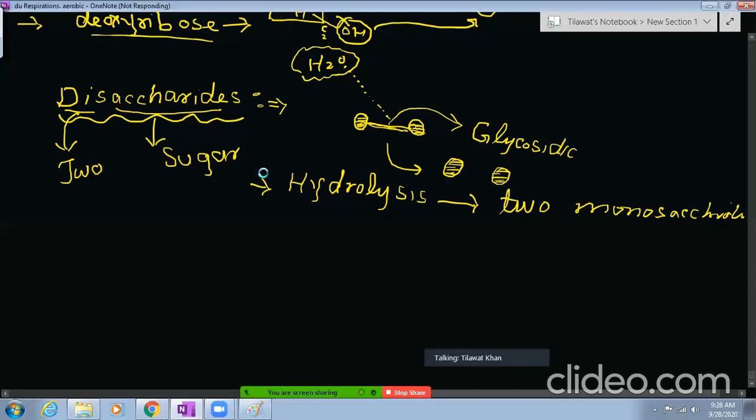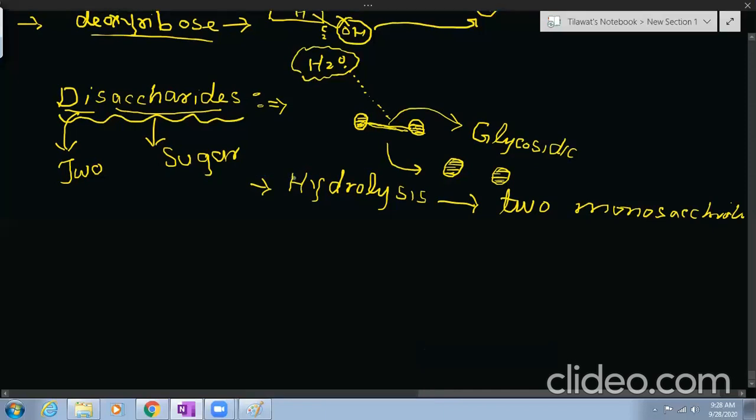If you remember, I told you in the topic of monosaccharides that they will not further hydrolyze. Why? Because if I add water to this glucose, there is no glycosidic bond. It will not break further. That is the simple form of carbohydrate. While here, a disaccharide on hydrolysis will give me two monosaccharides.